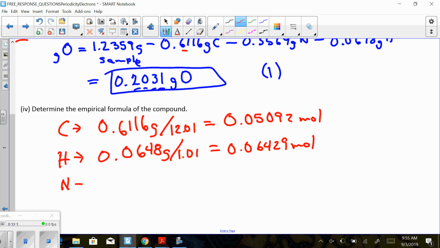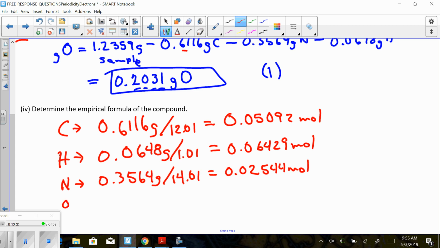Do nitrogen next. Nitrogen had a mass of 0.3564 grams, and it has a molar mass of 14.01, and that gives us 0.02544 moles of nitrogen.